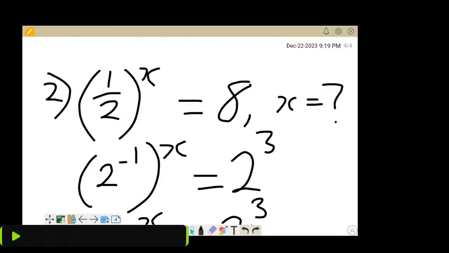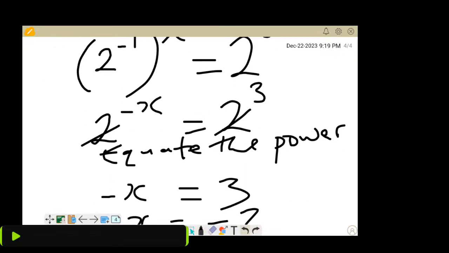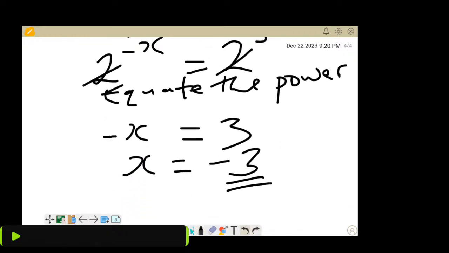We equate the power by taking the common terms away. By equating the power, we have minus x equal to 3, and dividing both sides by minus 1, we have x equal to minus 3.